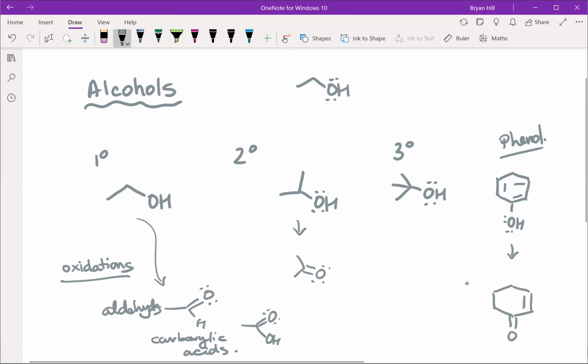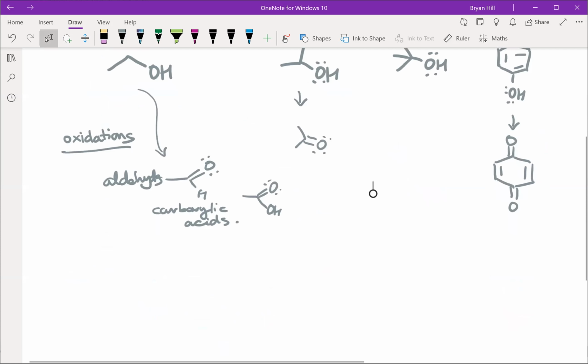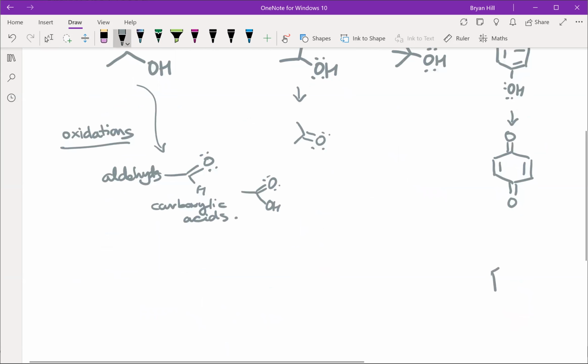You can oxidize a phenol to a quinone, and then these can actually be reduced to these guys. You can re-aromatize the ring.